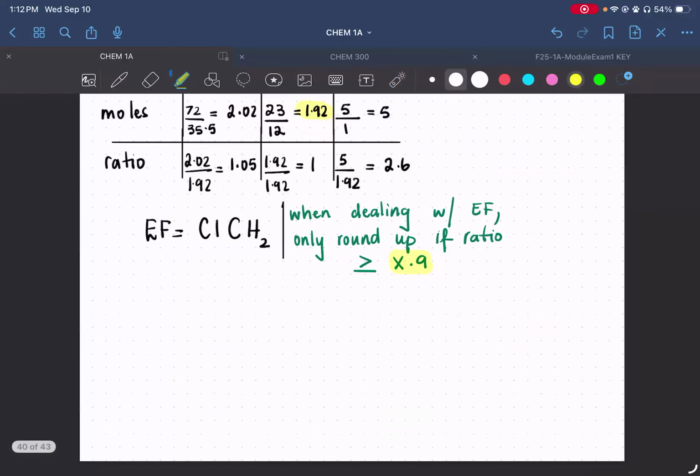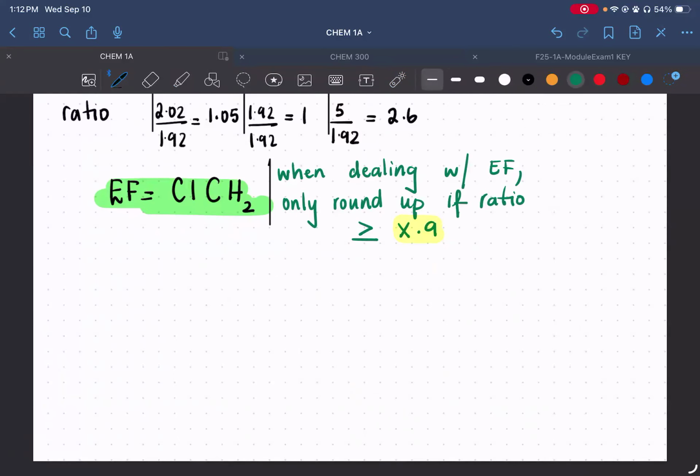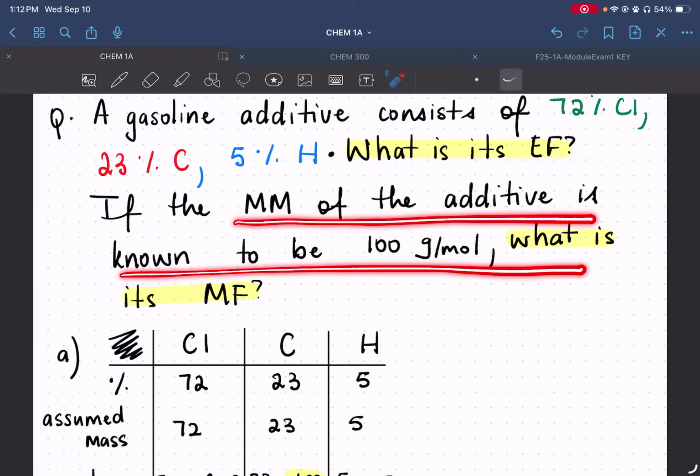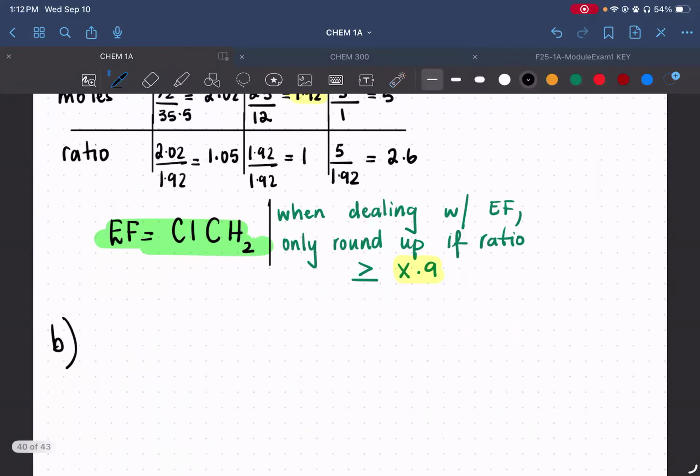We're not done yet. We have gotten the empirical formula. That's right there. The next part, part B, says, if the molar mass of the additive is known to be 100 grams per mole, what is its molecular formula? Well, fortunately for you, there's an explicit formula to do this.